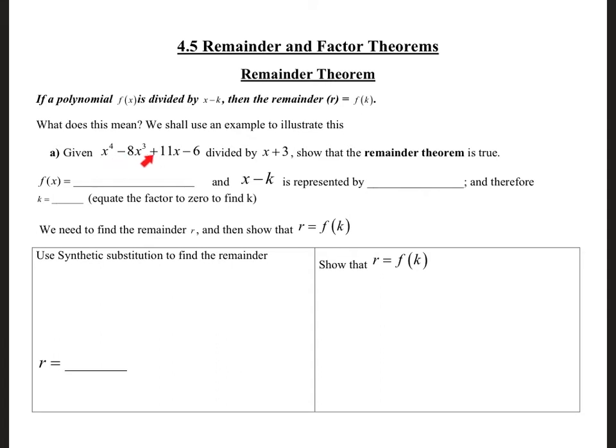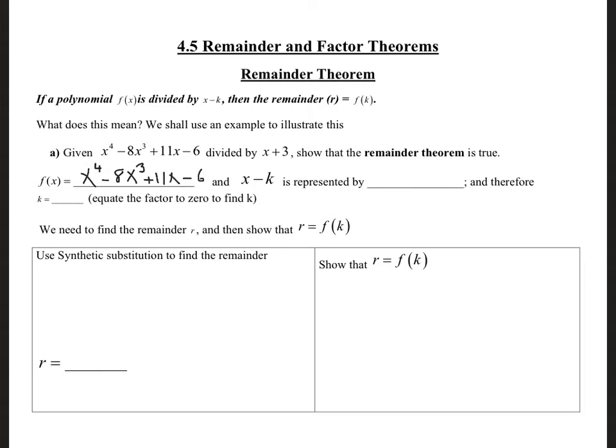So here we have a polynomial, and this is being divided by x plus 3. Let me walk you through the process. So f of x is x to the power 4 minus 8x cubed plus 11x minus 6.